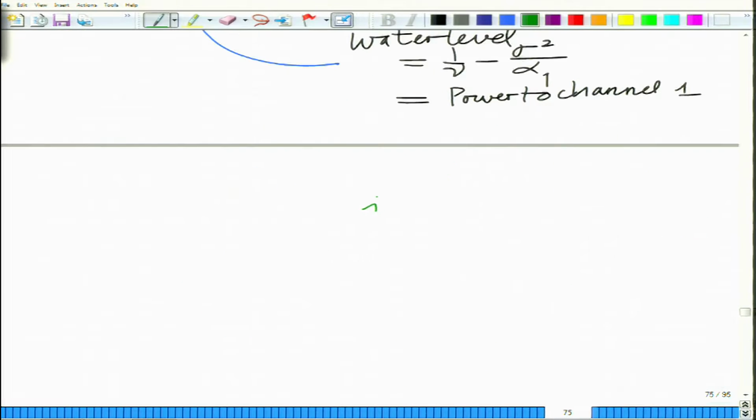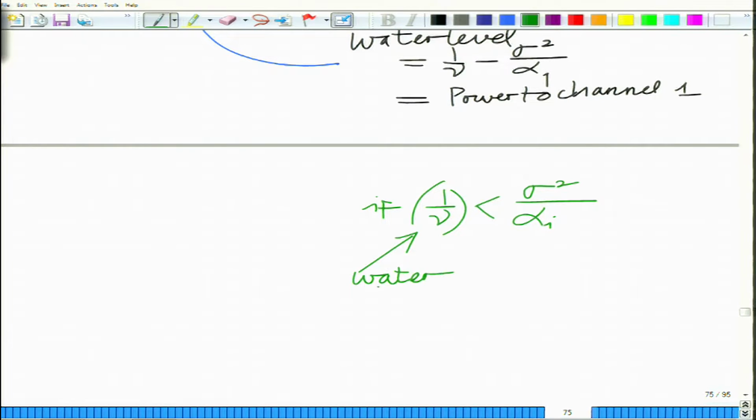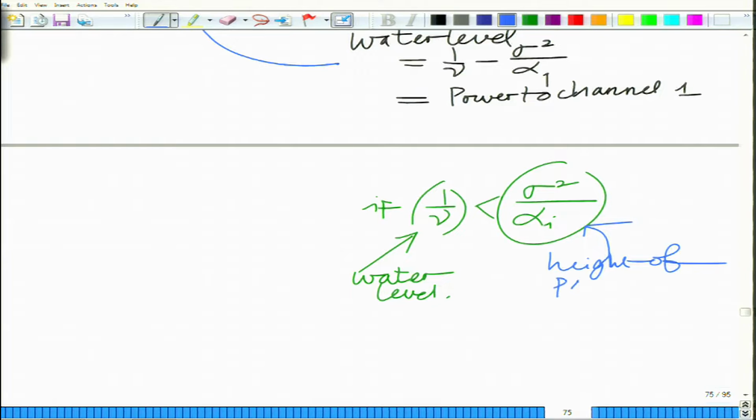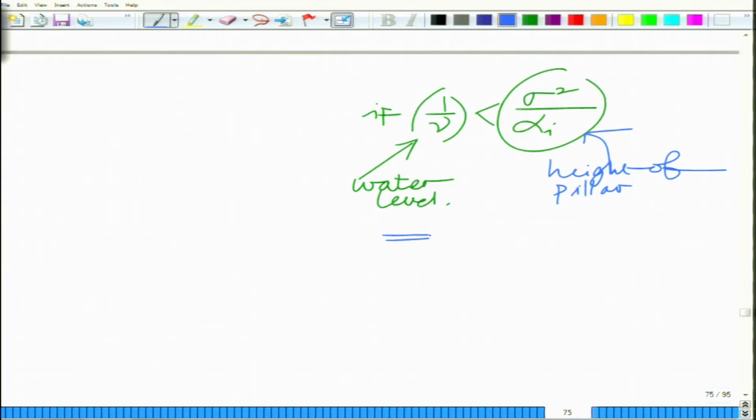That is, if 1 over nu is less than sigma square by alpha i for any particular channel, which means this is your water level and this is the height of the pillar, this implies that 1 over nu minus sigma square by alpha i is less than 0, which implies Pi equals 0.